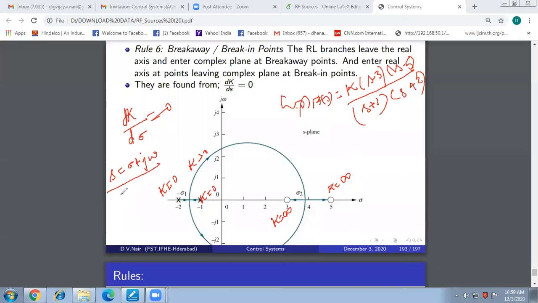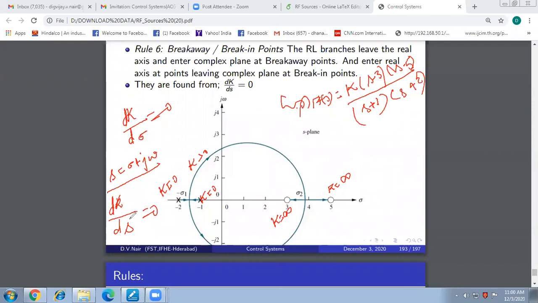But we won't get any deviation even if we take this derivative dk by ds and equate this to 0. We always use this condition when you have to get the extreme or peak value for k, such that it is leaving the real axis. So we differentiate k with s and equate that derivative to 0.